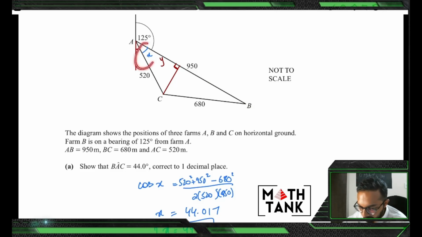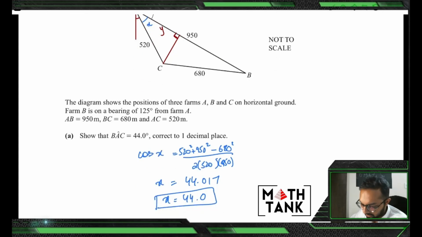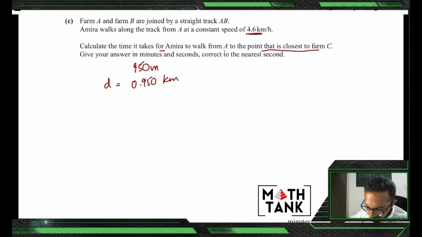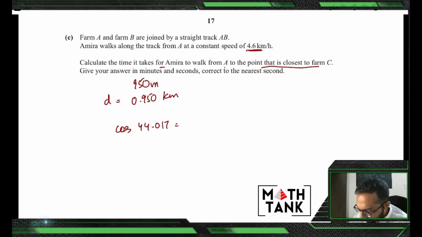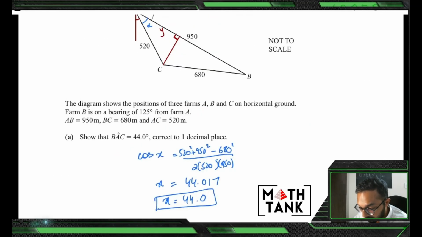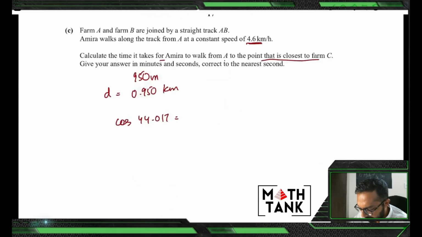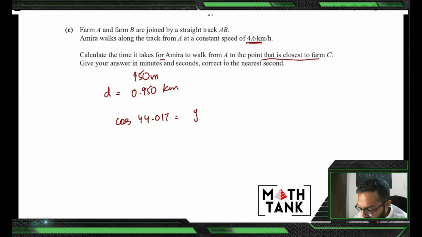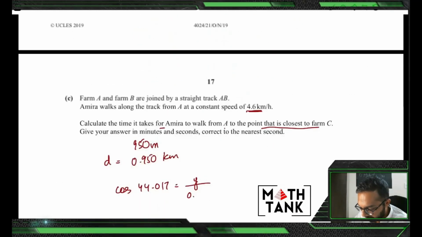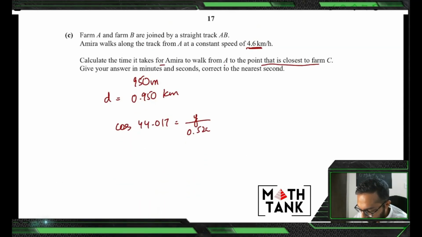Okay, how am I going to find this length y? I have the angle, I have the hypotenuse. Can I find the adjacent? Yes, I can just use cos, and I'm going to use the exact value. cos 44.017 equals y over 0.520. I'm using kilometers rather than meters, because I know that's what I need. Why?